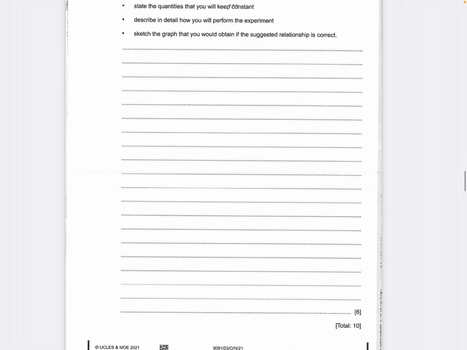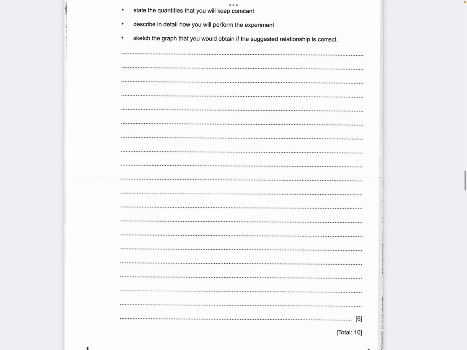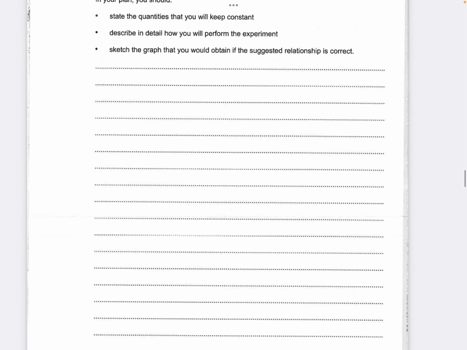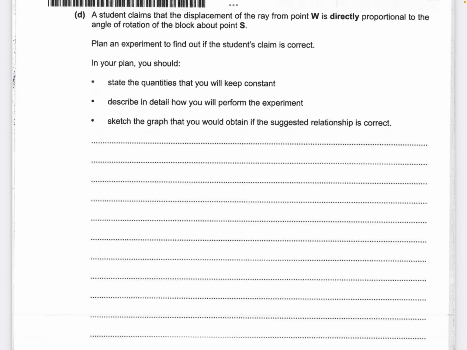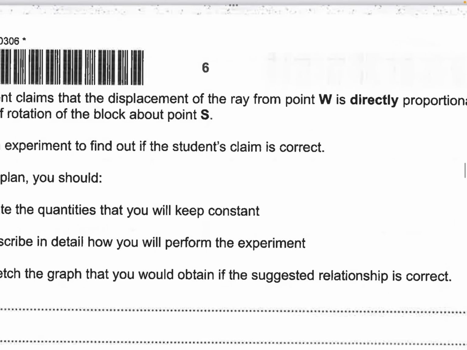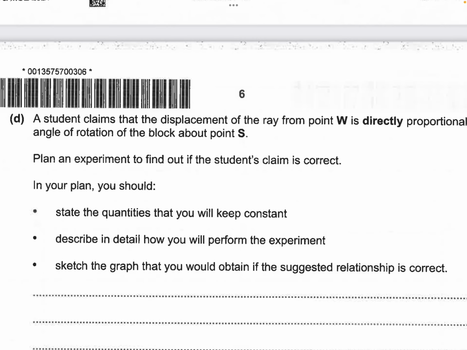And in O-level physics, you know that the number of lines represents how much detail you should contain. And look at the marks, 6 marks. Do you think by writing 6 lines you can get 6 marks? No. So actually this design experiment is a very elaborate set of instructions that you need to come up with to actually investigate whatever objective they want.